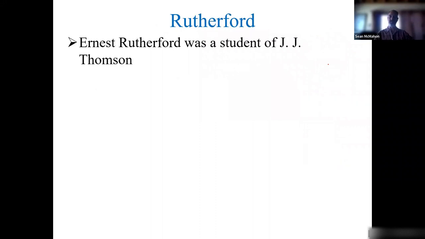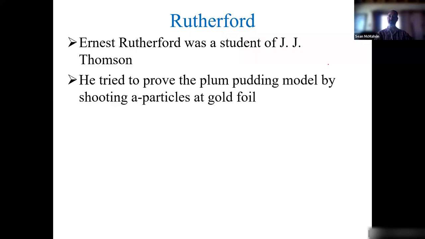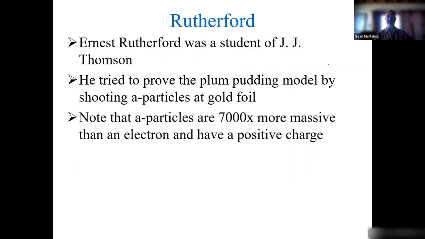So Rutherford was a student of Thomson, and he wanted to test the plum pudding model to support his mentor's, his teacher's, theory that the electrons were held in kind of empty space in this positive sphere. And the way he did it was he shot alpha particles, high-speed particles that are much smaller than an atom, at a thin sheet of gold foil, right?